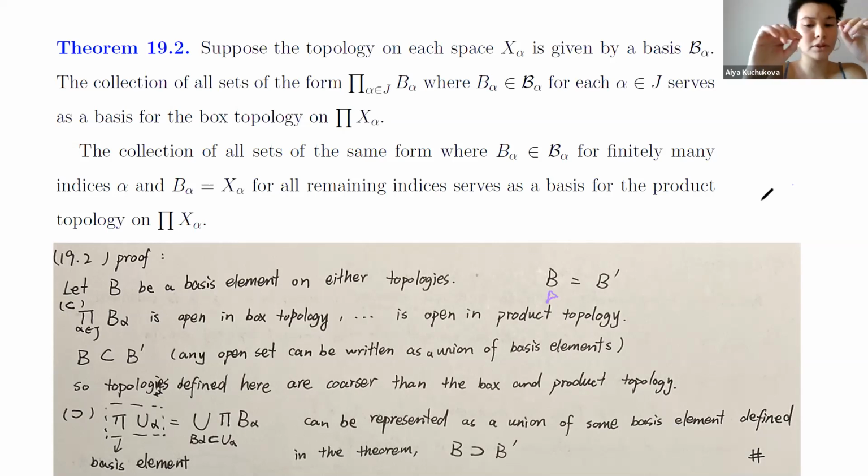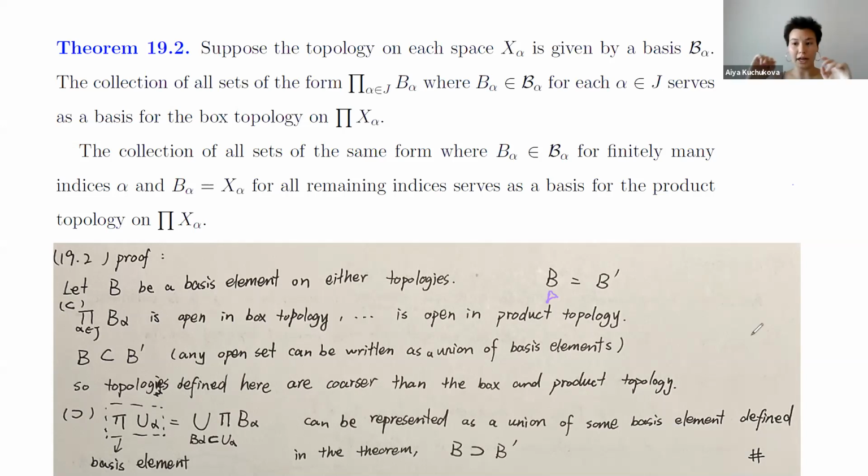So I think what you're saying in your proof is you take a basis in the box topology, right? And then you're trying to prove that it's also a basis for the product topology, right? But I'm doing the same thing together, like it's both in box.